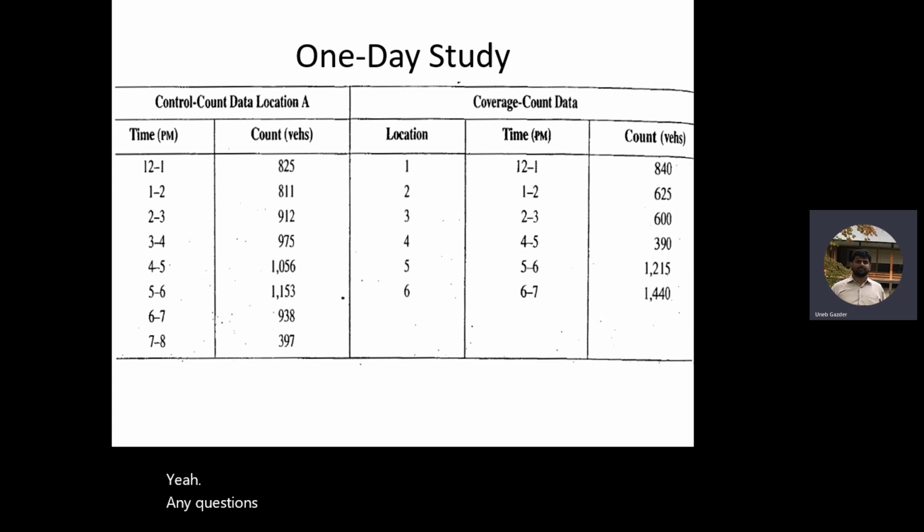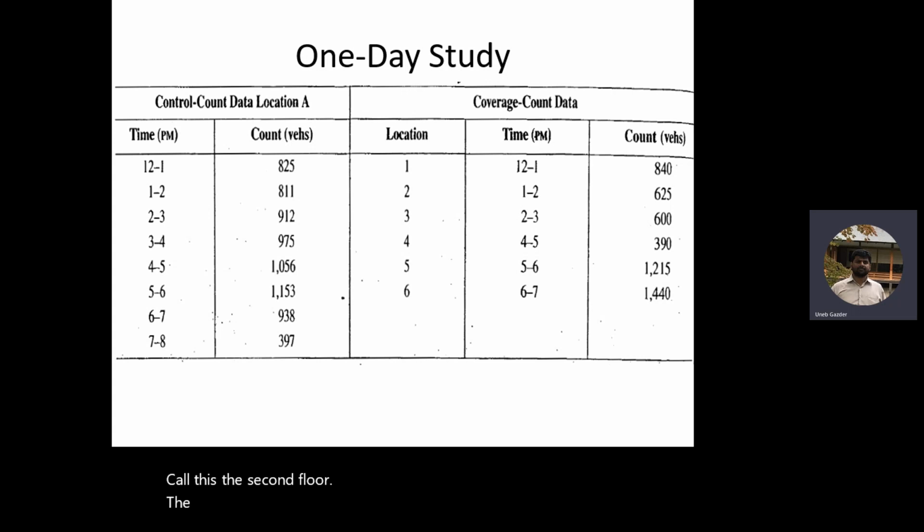How is the peak hour of the last location? There's a problem. It should be that, should not be less. 1440 divided by 0.13. So I got another value for this, the second one.